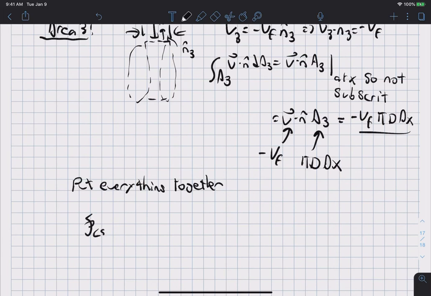And that means the integral over the control surface of v dot n hat dA is equal to 0.